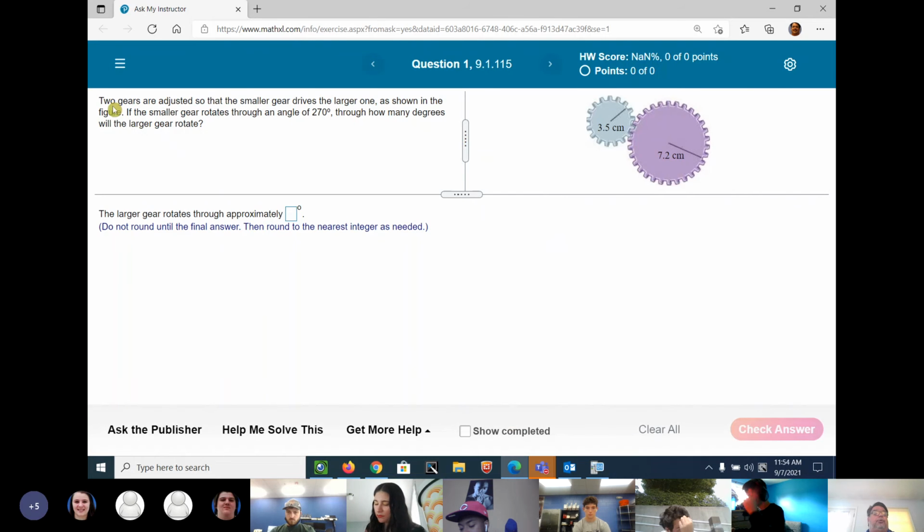All right, two gears are adjusted so that the smaller gear drives the larger gear as shown in the figure. We got a small gear that has a radius of 3.5 centimeters, and a big gear with a radius of 7.2 centimeters.